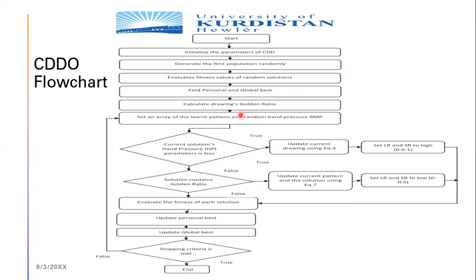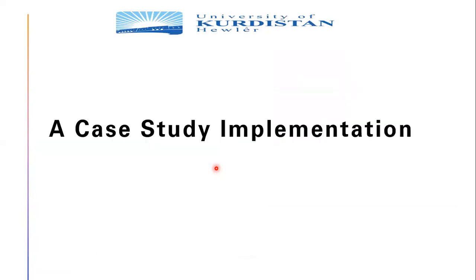Then calculate the golden ratio. And then we set the random memory pattern size and hand pressure. And then there will be some checking, and I explain them bit by bit. And then we use our algorithm so that we can optimize and get the best solution.